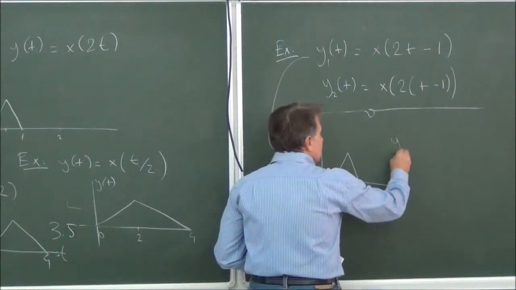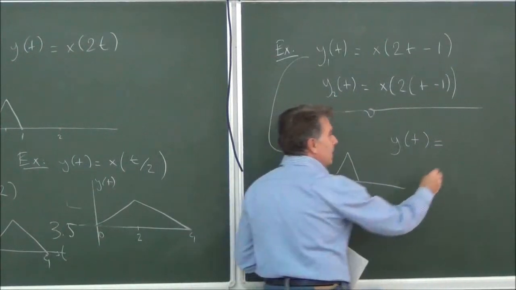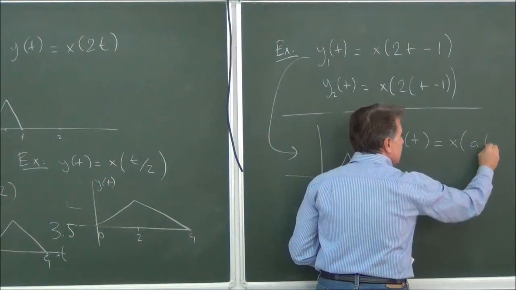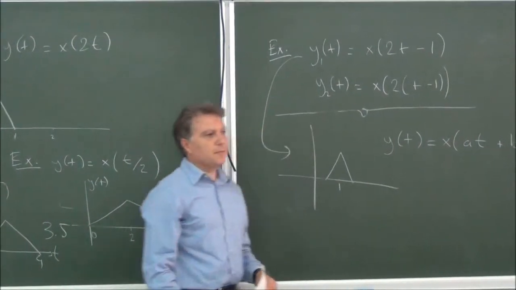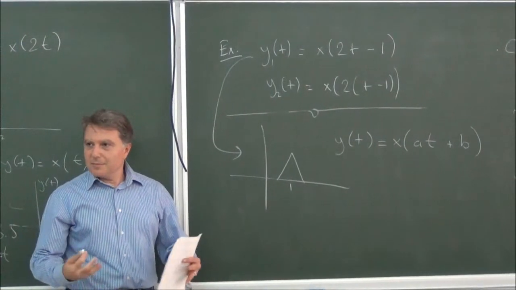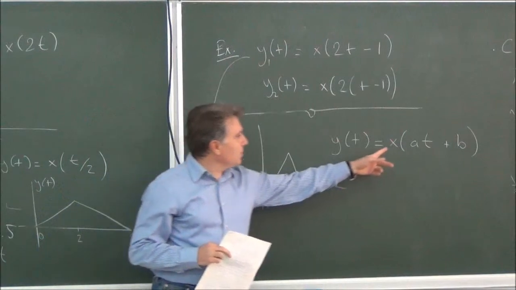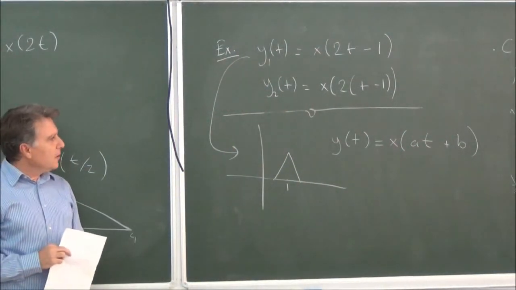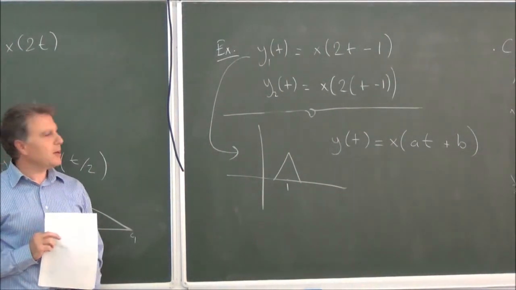In other words, see whether you can plot this thing for any arbitrary x of t and a and b. X of t is equal to x of a t plus b for any a and b. Right? Is it possible for you to draw these things for arbitrary values or real values of a and b? You'll be surprised that your instincts may be incorrect. But be careful about these things.